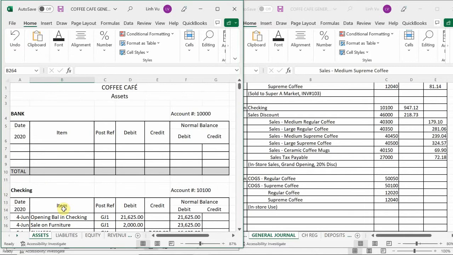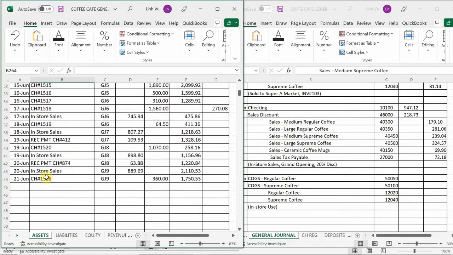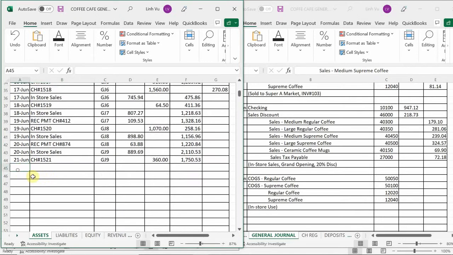So we know how much money after depositing that $947. Let's see how much money I actually have in my checking account. $947.12, right?